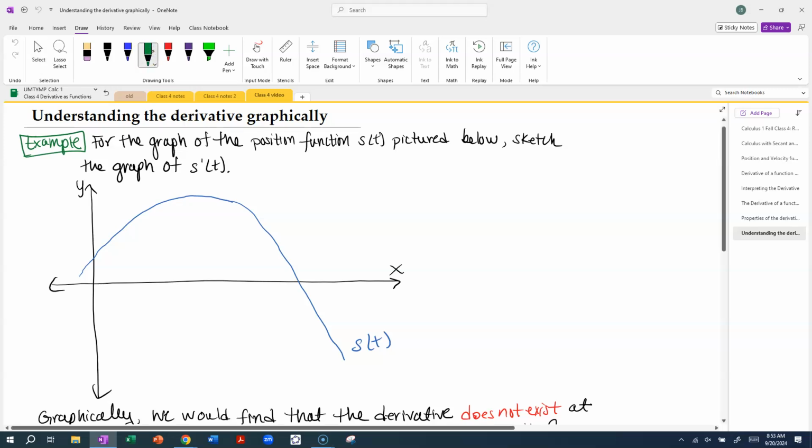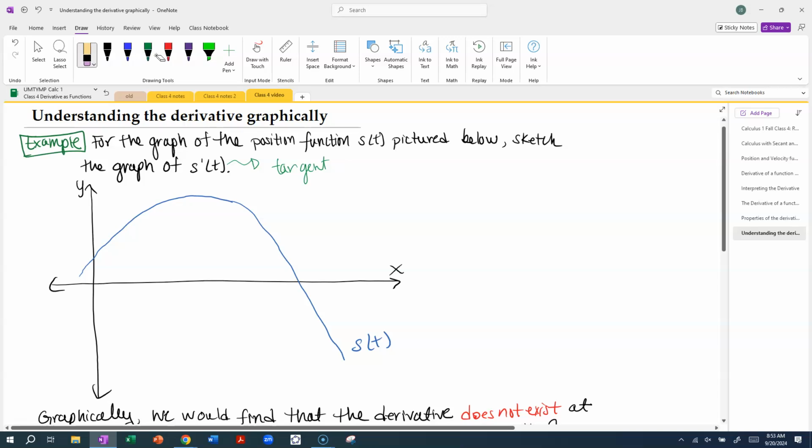Well, remember that s prime was generated by the tangent lines.